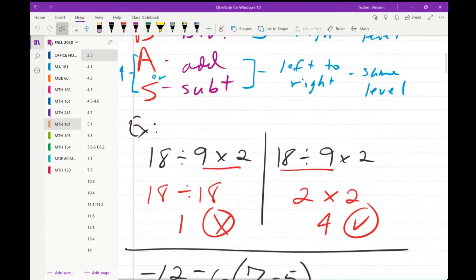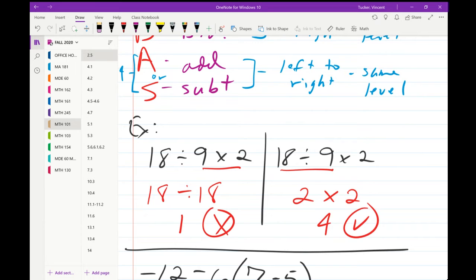So here's a quick example of what I mean by doing your operations from left to right and how multiplication doesn't take precedence over division. Let's say we have 18 divided by 9 times 2.